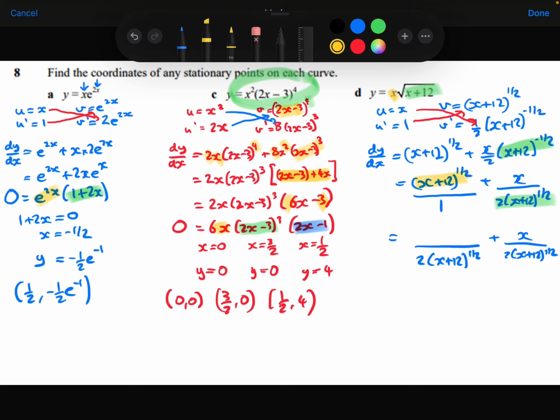So if I times the x plus 12 to the power of a half by the two lots of the x plus 12 to the power of a half, I'll have a 2 at the front. And the x plus 12 to the power of a half times x plus 12 to the power of a half will just be x plus 12, because the powers of 1/2 add together to make 1.